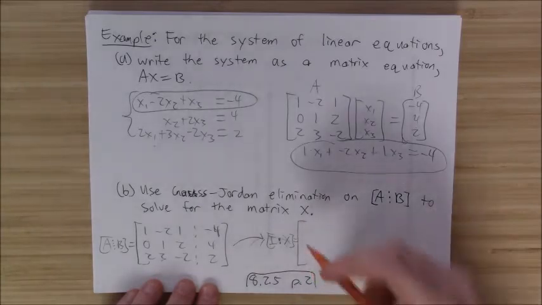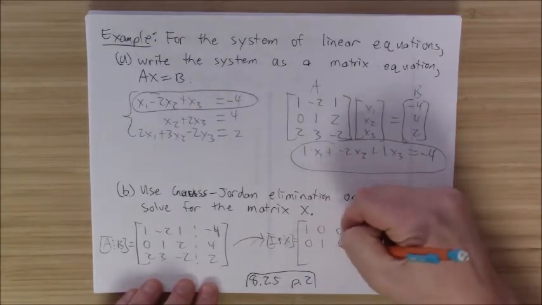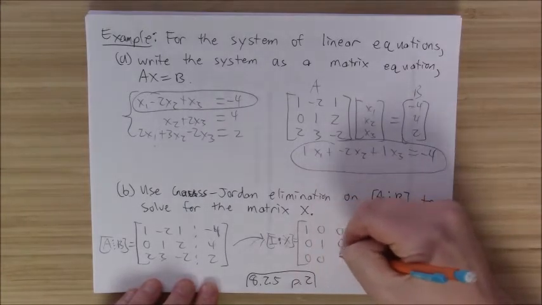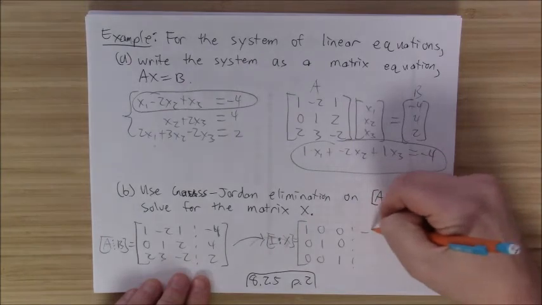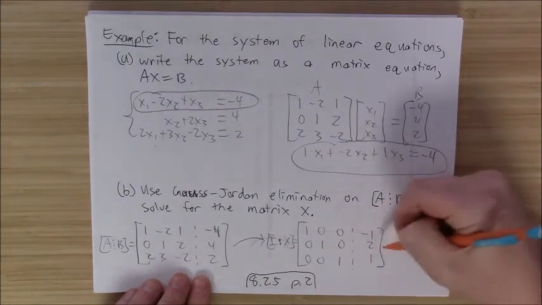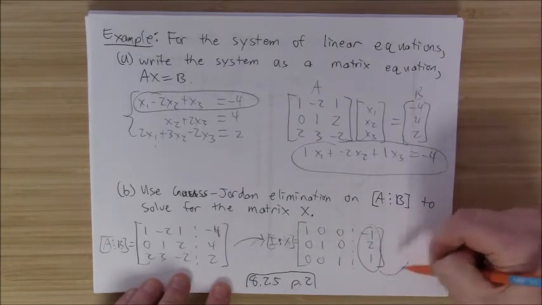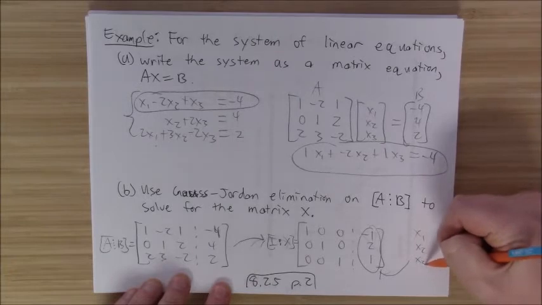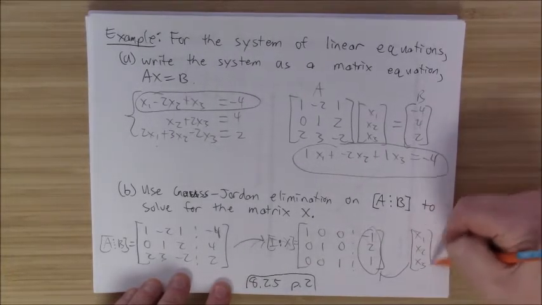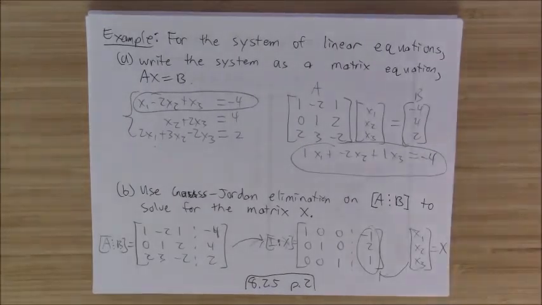But in the meantime, what we have here is 1, 0, 0, 0, 1, 0, and once we've done all of the Gaussian elimination, we end up with -1, 2, 1. This is our solution x1, x2, x3. Namely, this is our column matrix X that represents the solution.